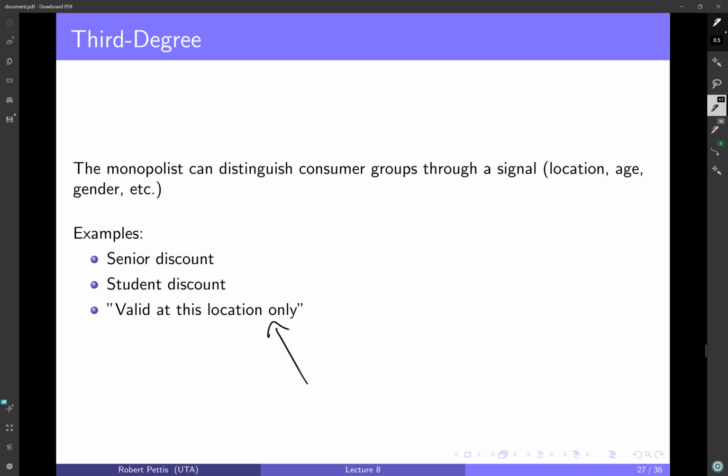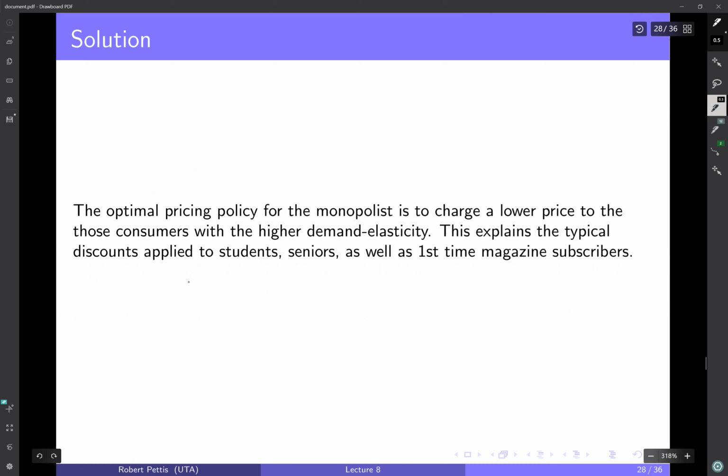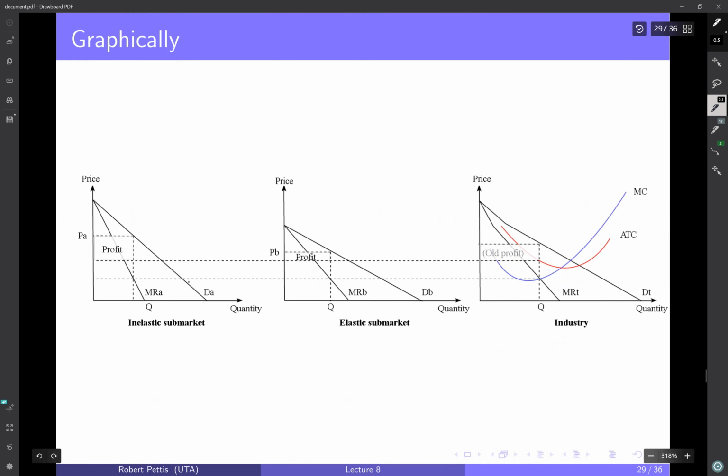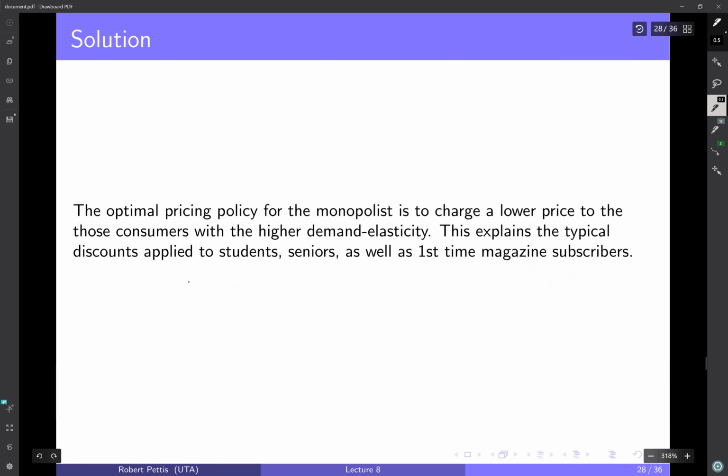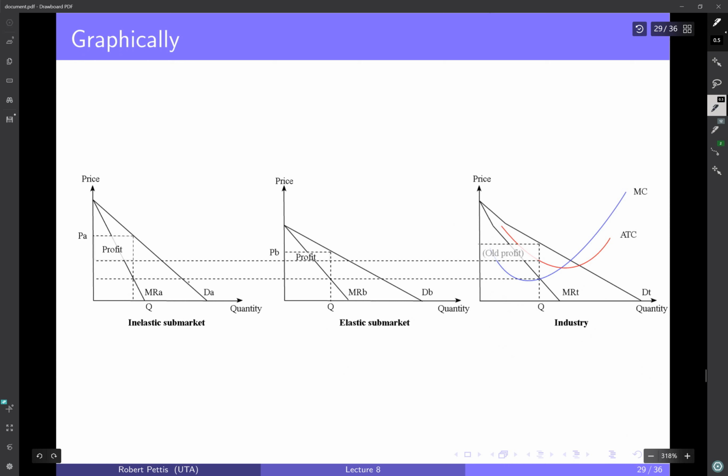So if you've got something that is valid at only one location, then maybe people around that location have lower abilities to pay, and so they want them to still be able to come in and give them money, right? Okay. So that's essentially what's happening here.